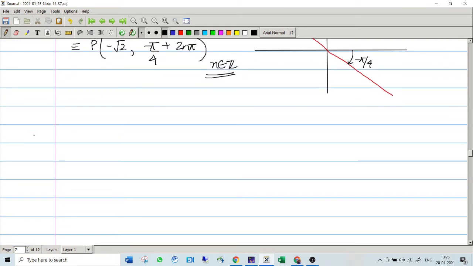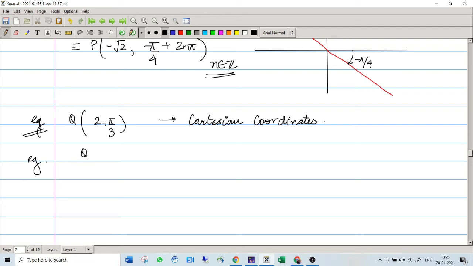So you can try doing two examples. Let's say one is you would like to convert this point Q to the Cartesian coordinates, and another, convert this point Q to the polar coordinates.